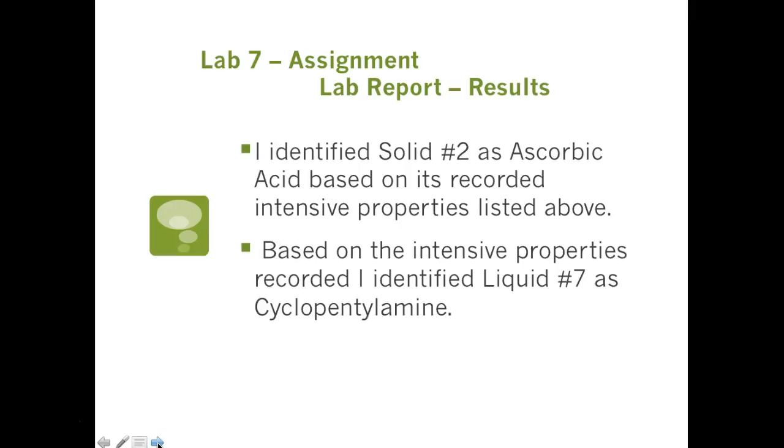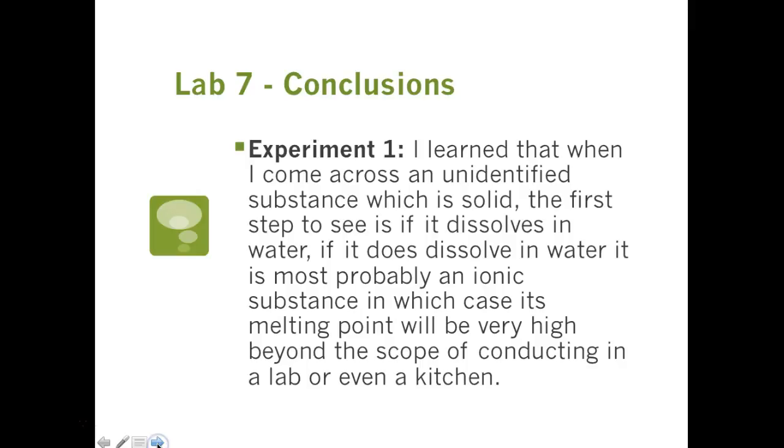So as I said, my results indicated that solid number 2 was ascorbic acid, and liquid number 7 was cyclopentylamine. I didn't test solid number 4, so you would have to list here in your lab reports what you think solid number 4 was. So what are the conclusions? So I learned that if I come across an unidentified substance, the first thing is to dissolve it in water.